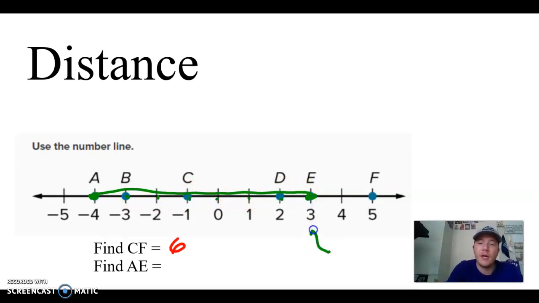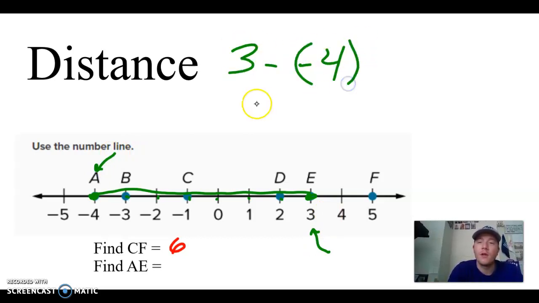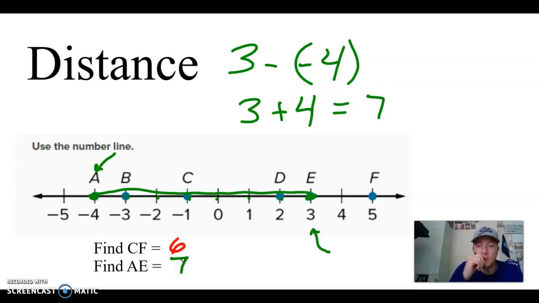But again, if I take my new and subtract my old, 3 minus negative 4, okay, minus a negative is adding, I'm going to get 7. So that distance between A and E is 7. That is the length of that segment. It is 7 units long.